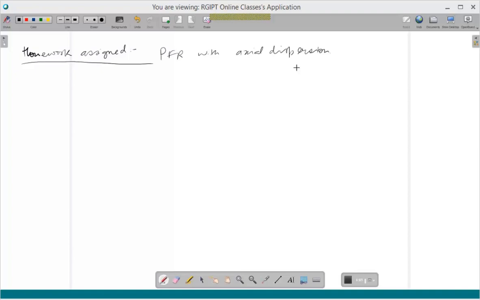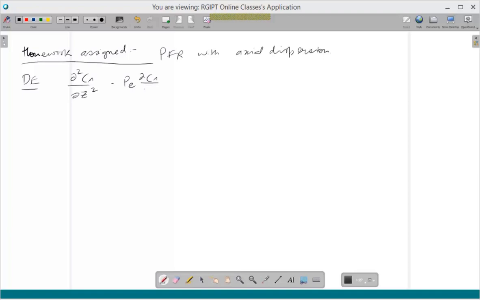So just to remind you, I quickly browse over the equations which we were supposed to solve for PFR with axial dispersion. The differential equation reads del square Ca by del z square minus Peclet number del Ca by del z minus R Ca equal to 0.